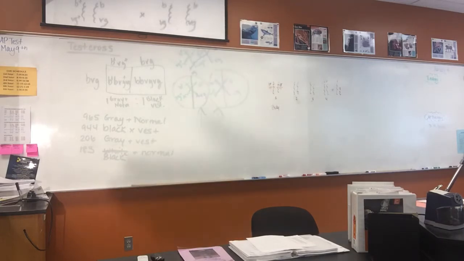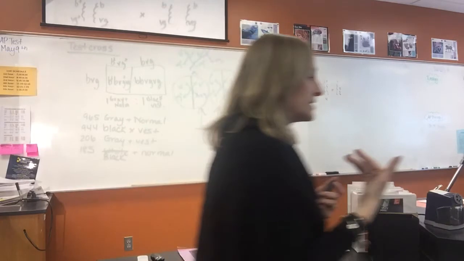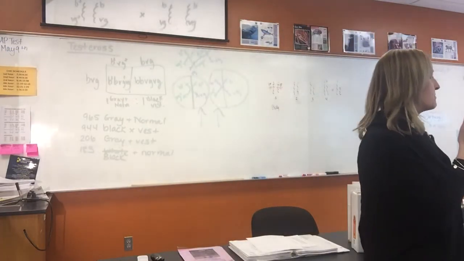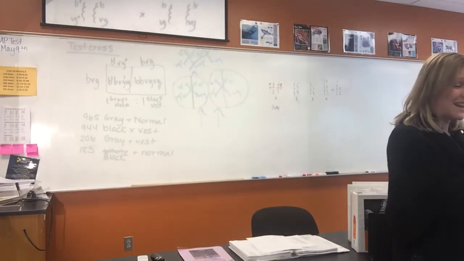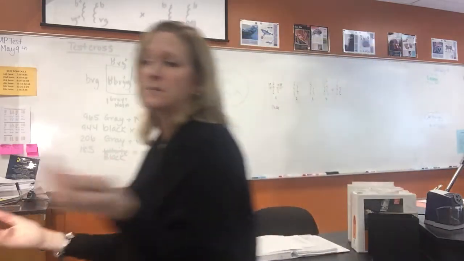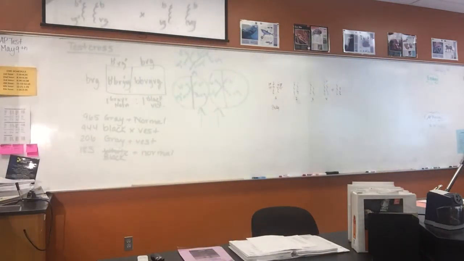But based on his data with fruit flies, he said that the chromosomes must not always stay intact, that they must switch some spots. So he's the first one to come up with this whole crossing over thing to explain his data. All right, and so that's what Morgan did.